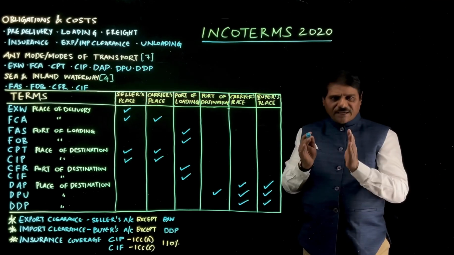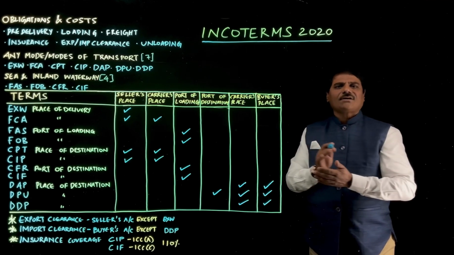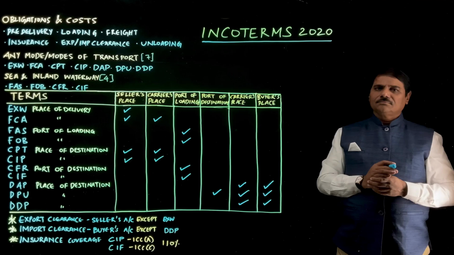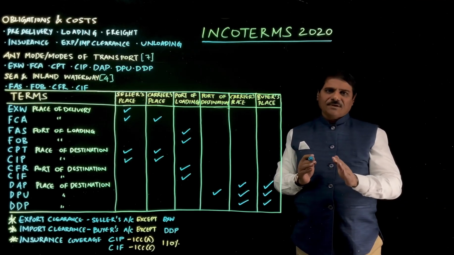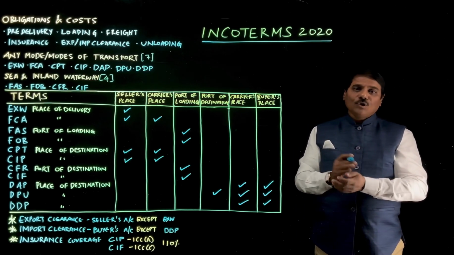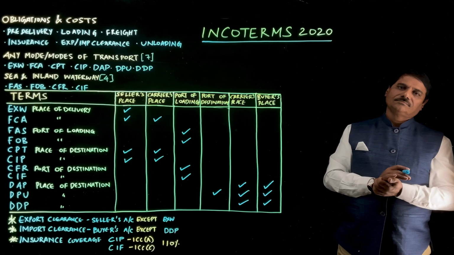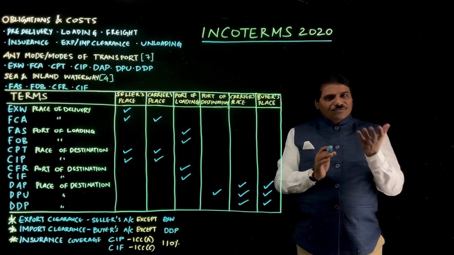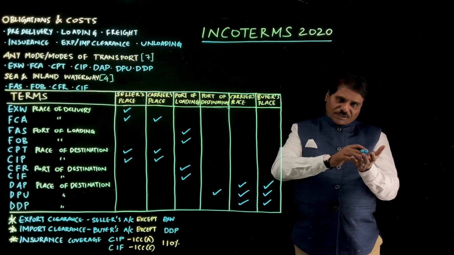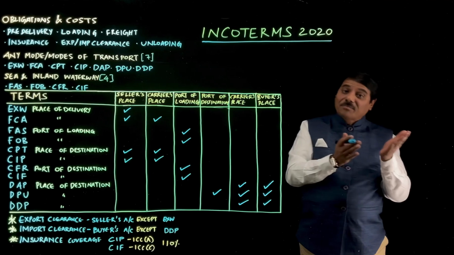Keep the stocks ready for delivery, apportion it separately against this order and give notice to the buyer. The buyer must come with his own truck and employ the labor to load the goods onto the truck. It means even during the loading operations onto the truck, if there is damage to the goods, it is the responsibility of the buyer only.